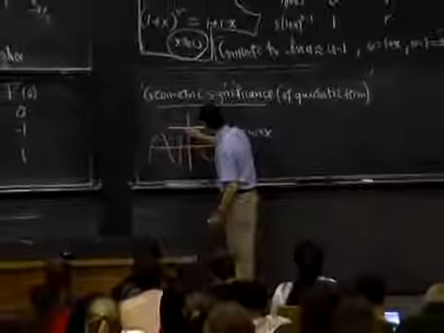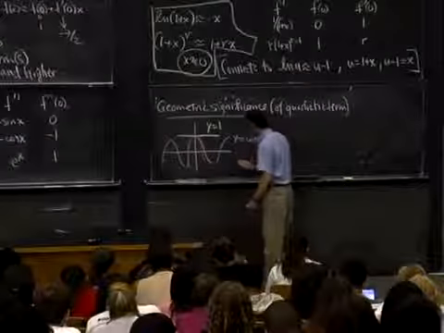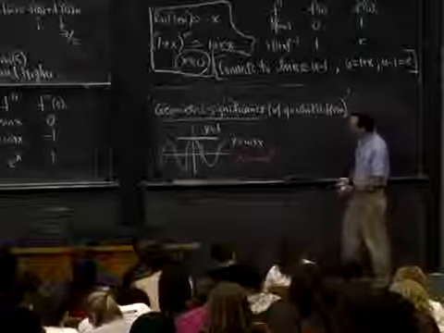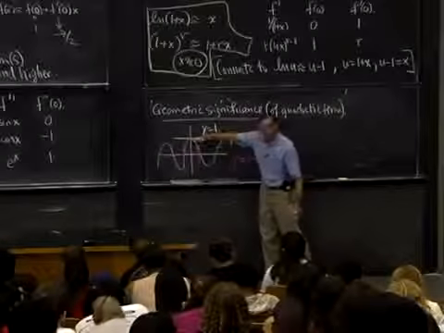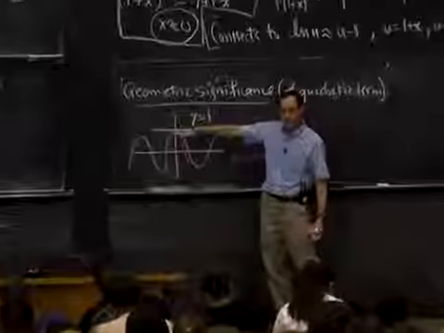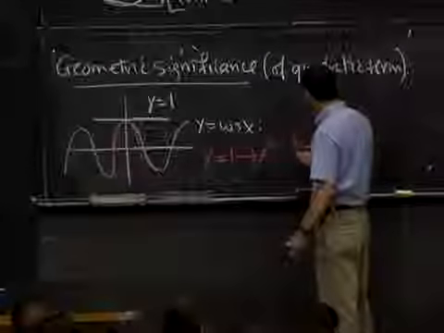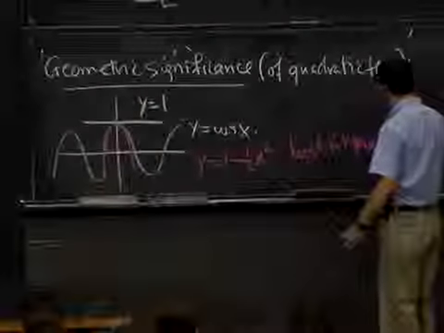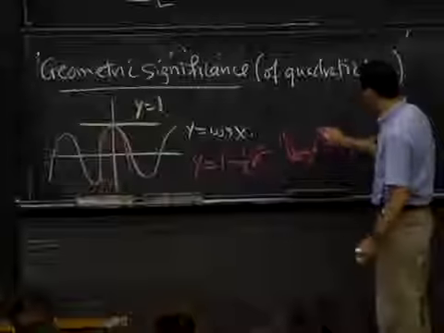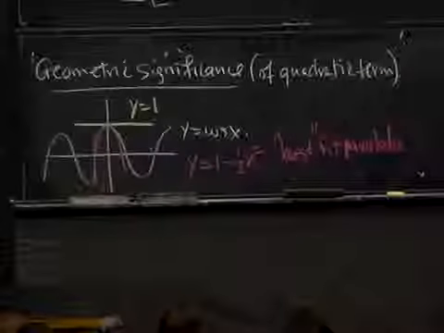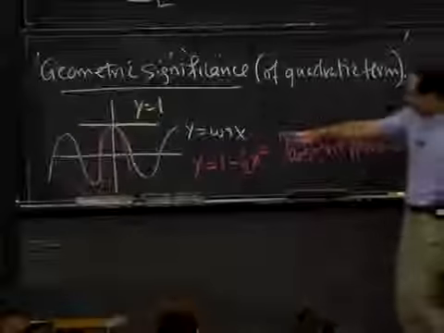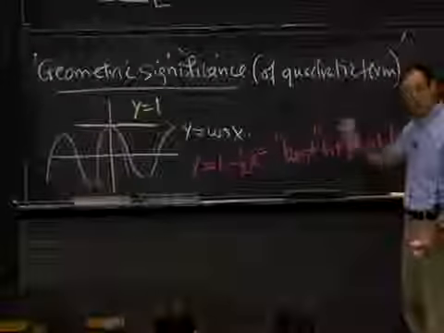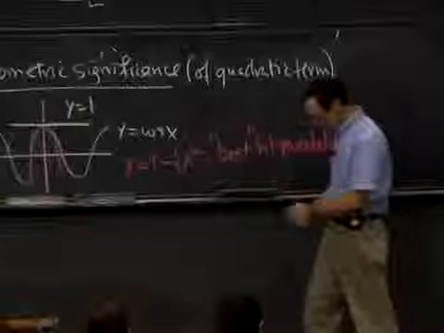It's some kind of parabola underneath here. So this is y equals 1 minus a half x squared, which is a much better fit to the curve than the horizontal line. All right? And this is, if you like, the best fit parabola. So it's going to be the closest parabola to the curve. And that's more or less the significance. It's much, much closer.